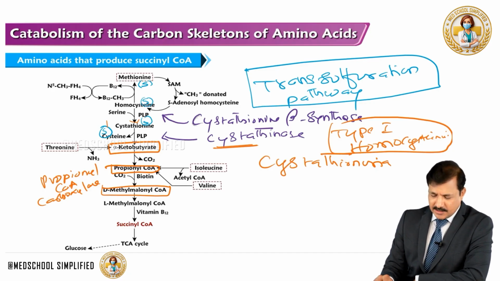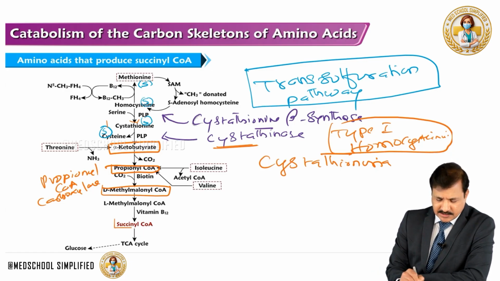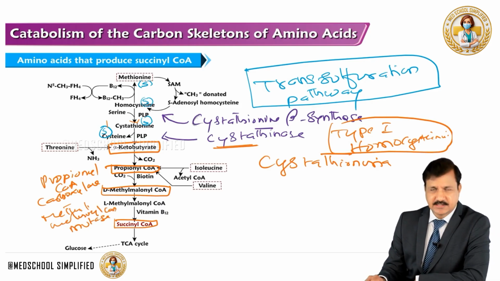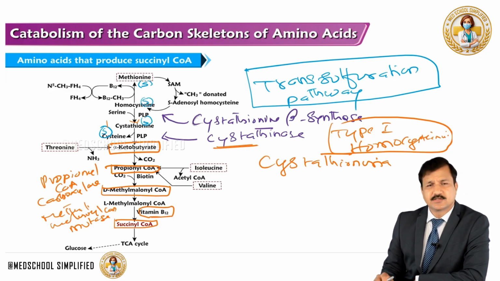Now methylmalonyl-CoA D form is converted to L form, and then L-methylmalonyl-CoA is converted to succinyl-CoA by the methylmalonyl-CoA mutase enzyme, and that needs vitamin B12, especially adenosylcobalamin, as the coenzyme.